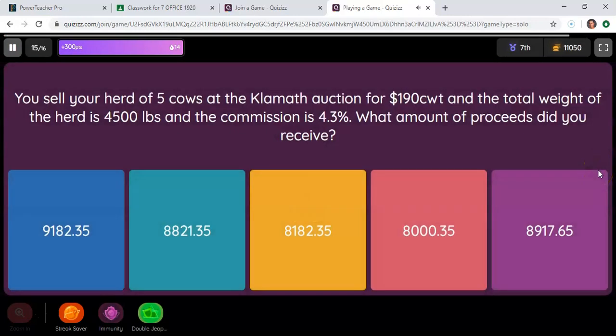Back to the cows. 5 cows, 190 CWT, total weight 4,500 pounds. What amount of proceeds did you receive? This would be the amount of money that you actually receive. All right, so 45 times 190. That's the first thing to do. That's the 8,550.